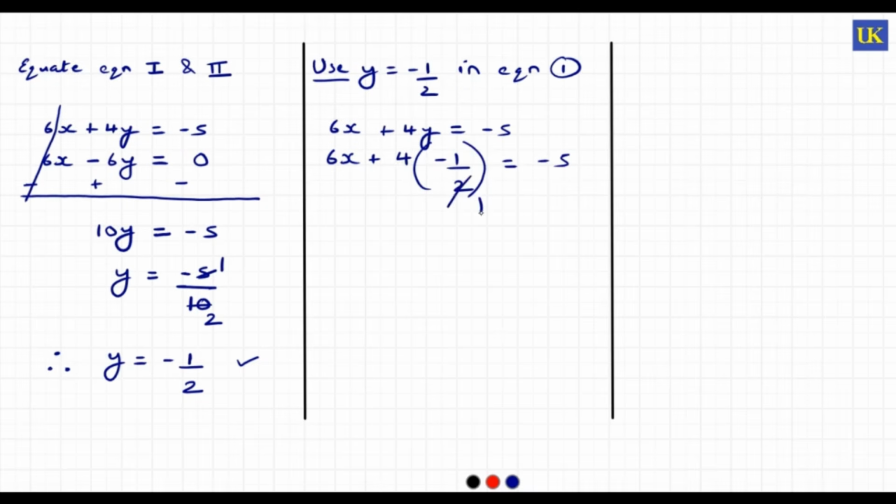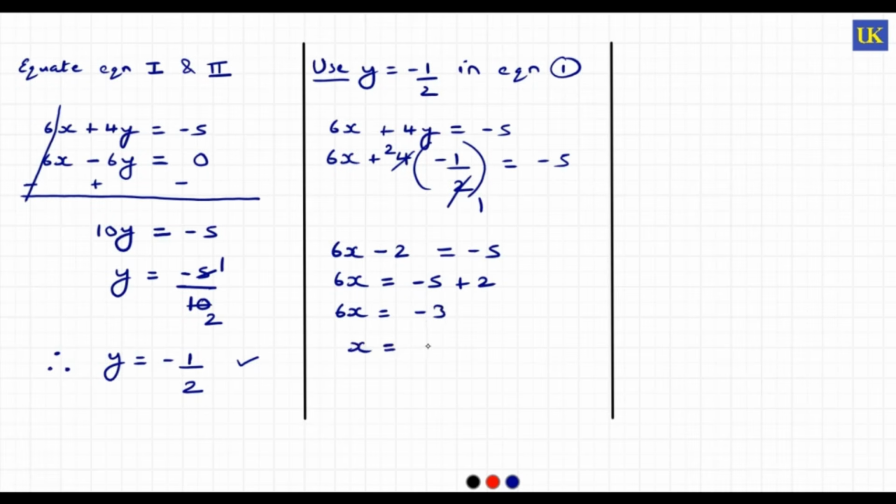So 2 ones are 2, 2 twos are 4, 6x, 2 into -1 is -2 is equal to -5. Okay. So I will send 2 to the other side. So -5 plus 2 it will become, so 6x is equal to -3.